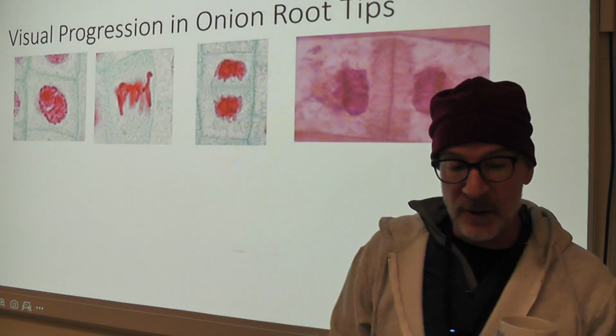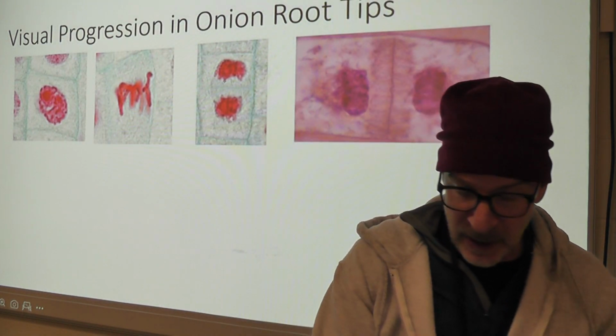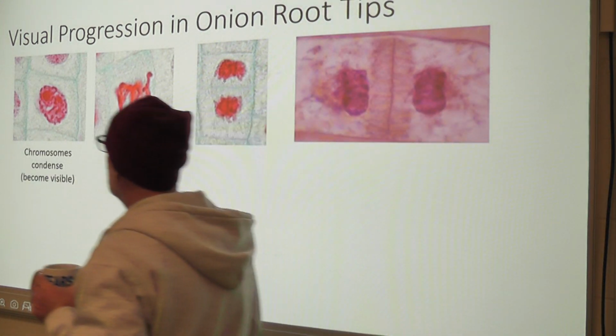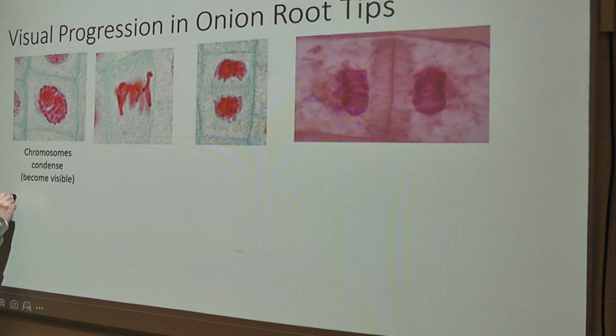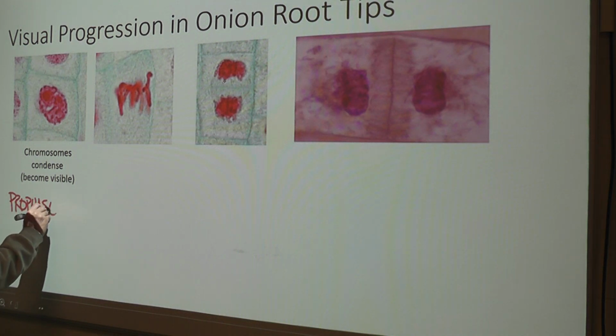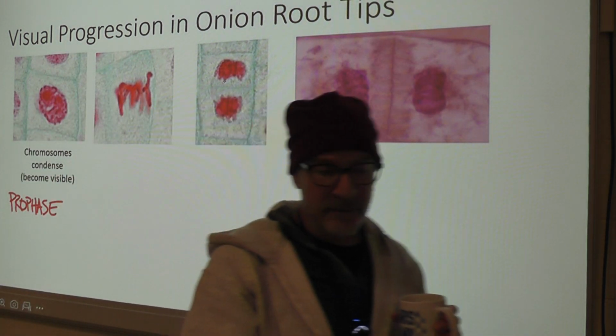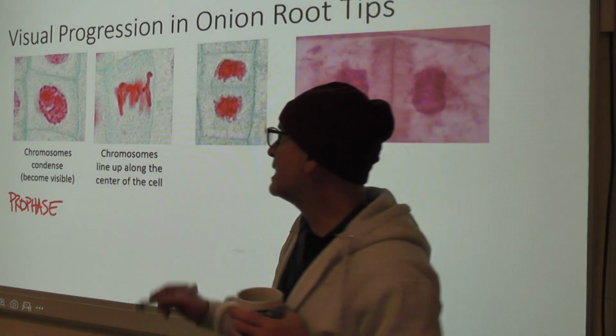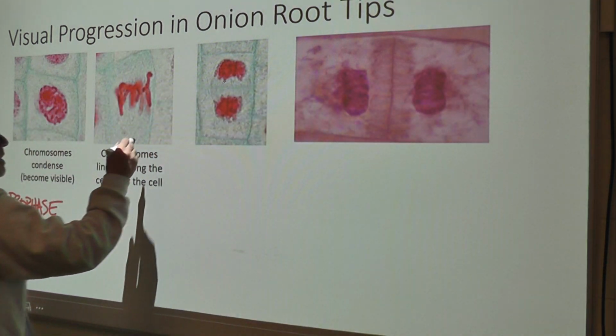If we were to look at this under a microscope, here's what we'd see. During prophase, we just see a bunch of blobs. And those blobs are chromosomes, but we can't distinguish between them. They are now small enough that the stain would be visible, but we can't distinguish between individual chromosomes. During metaphase, we actually see them physically lining up along the center of the cell.